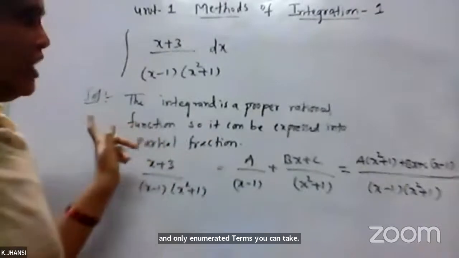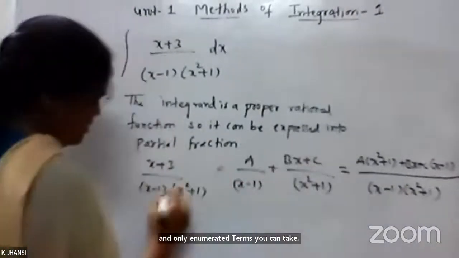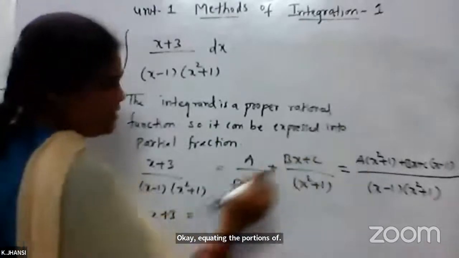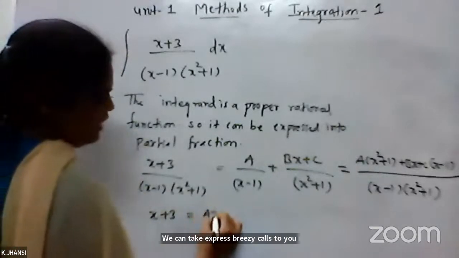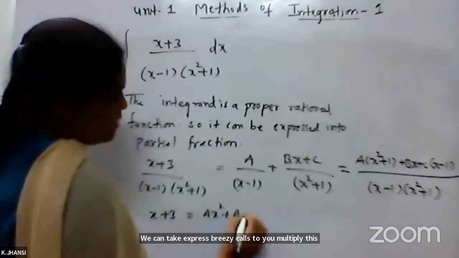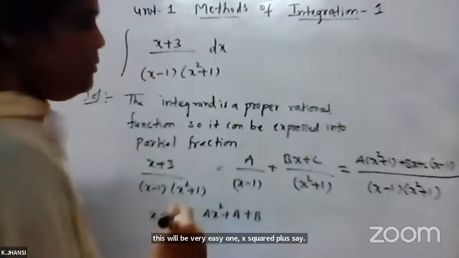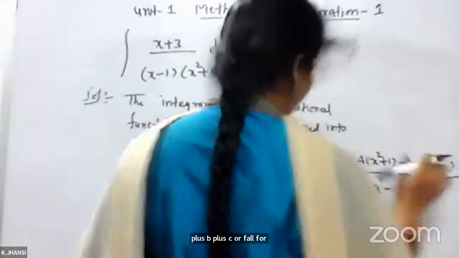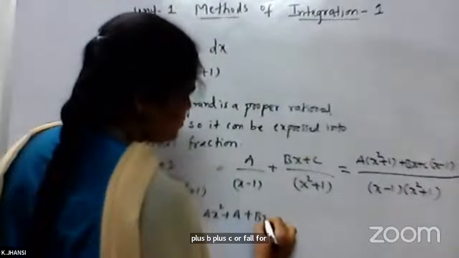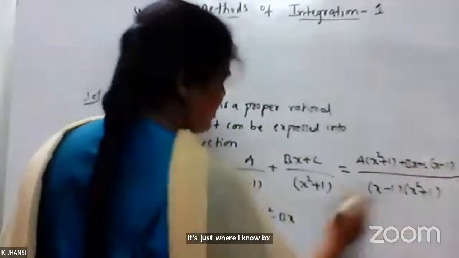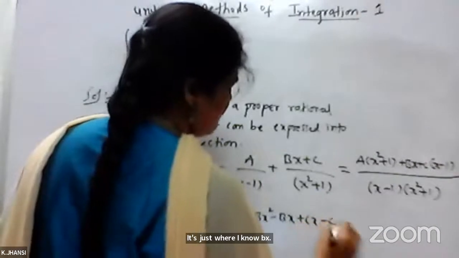Equating the coefficients, we can take x plus 3 is equal to ax square plus a plus bx plus c of whole. Multiplying, bx into x is x square, minus bx, plus cx, minus c.